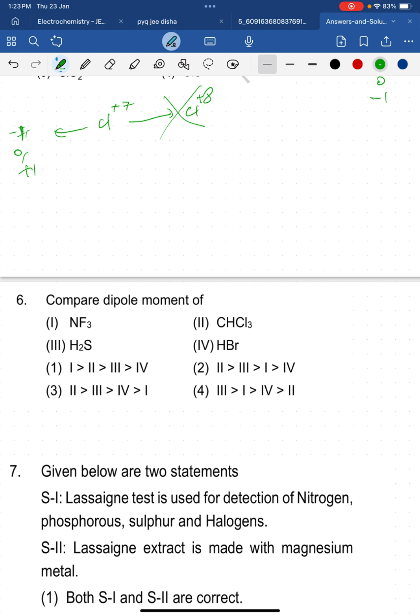Actually, it is dipole moment compared to dipole moment. A little bit we are expecting factor-based questions, because it is not easy to remember easily, but that's up to you. So it is the experimental value we are expecting here.